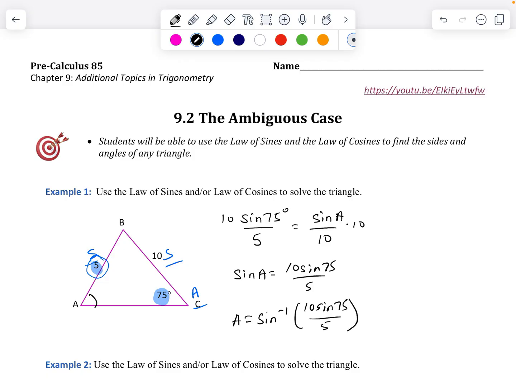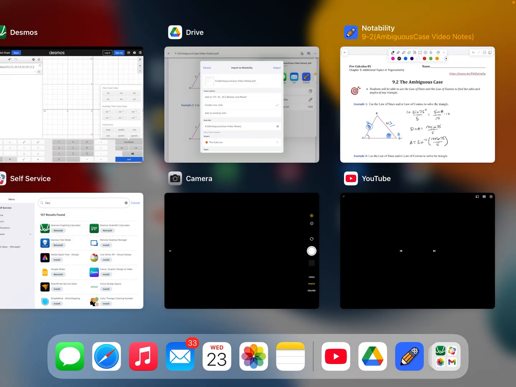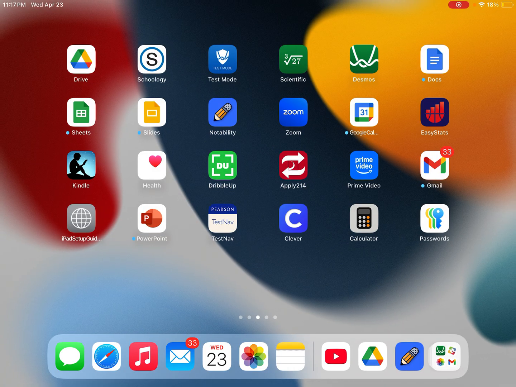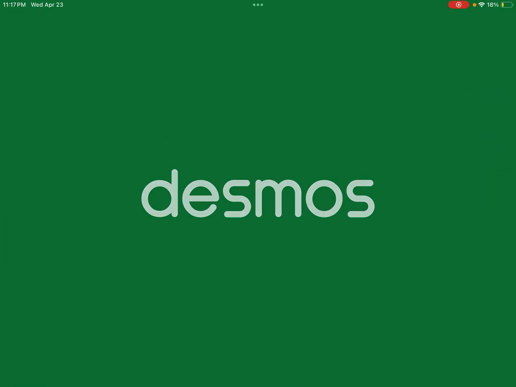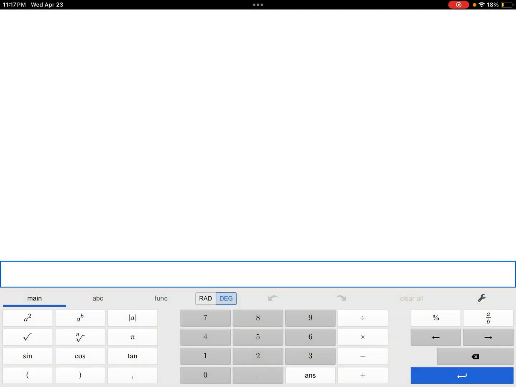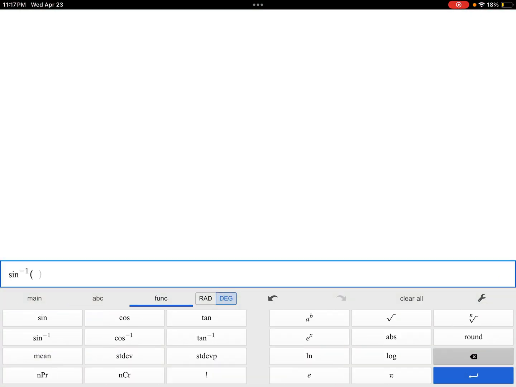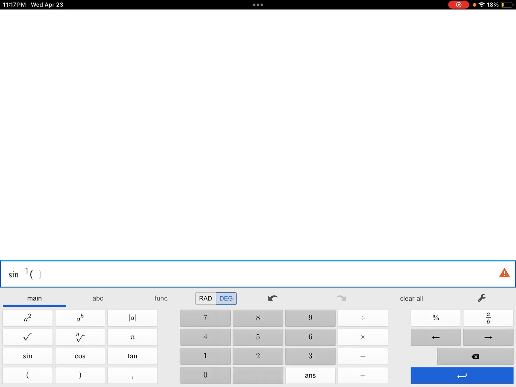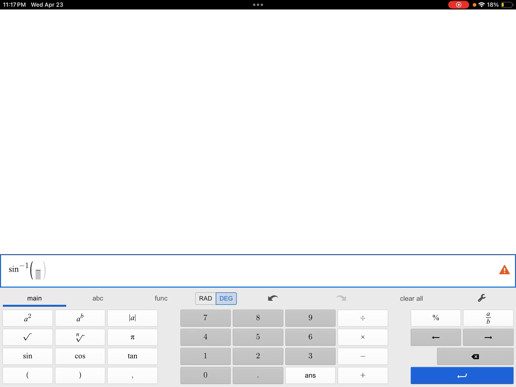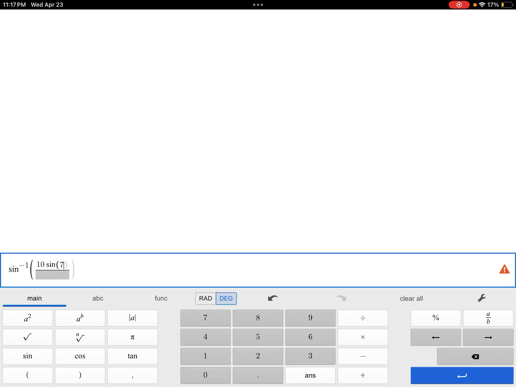I'm going to pull up my Desmos here. I've got to go, let's see, sine inverse, and I'll do a fraction here, 10 sine 75 over 5.